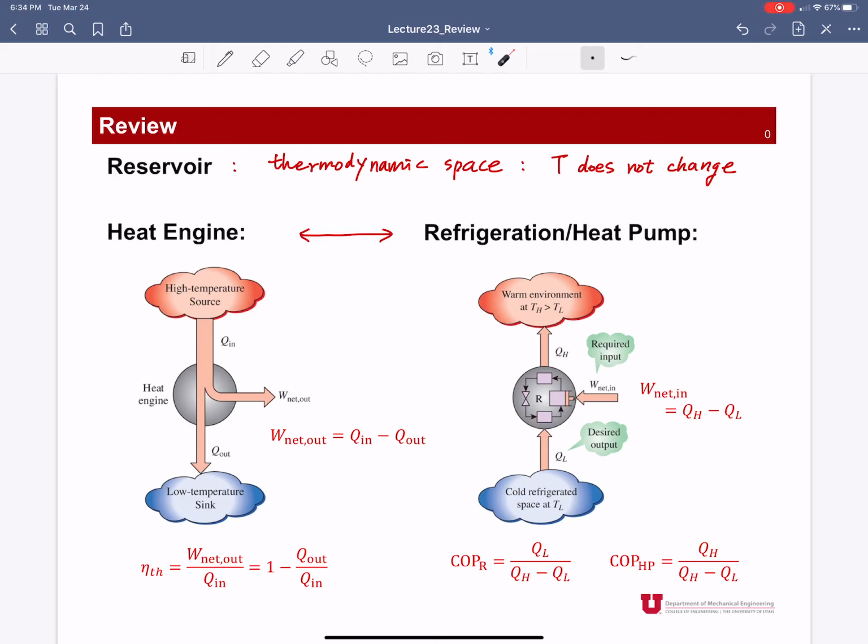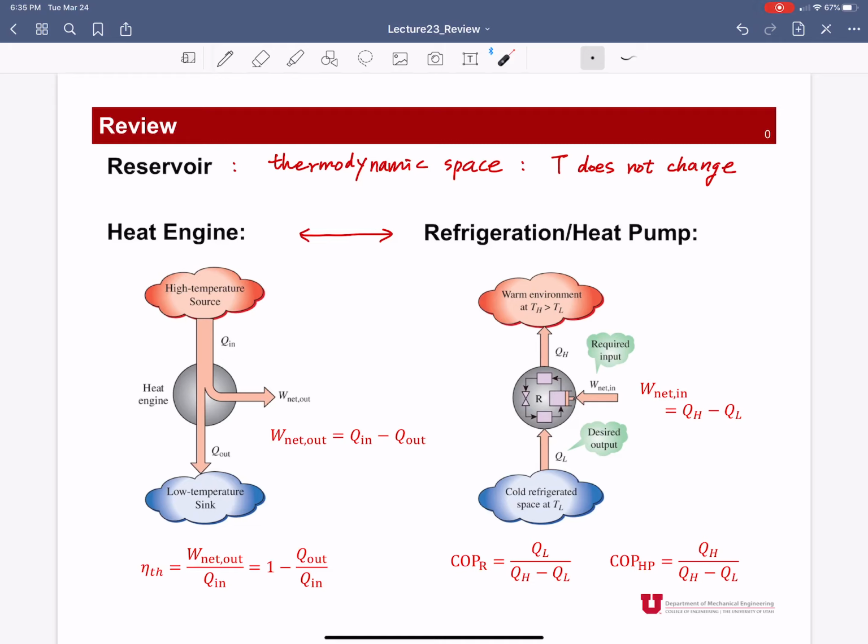So for the refrigeration cycle, the desired output should be the amount of heat QL that is taken from the space to be cooled. And now the required input should be your W net in. In that case, it can be balanced as QH minus QL.